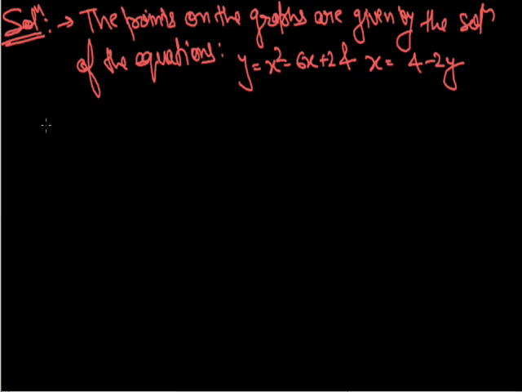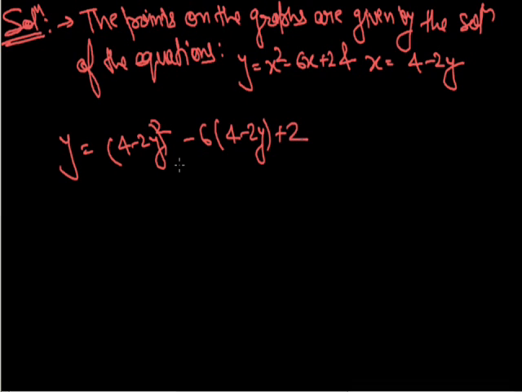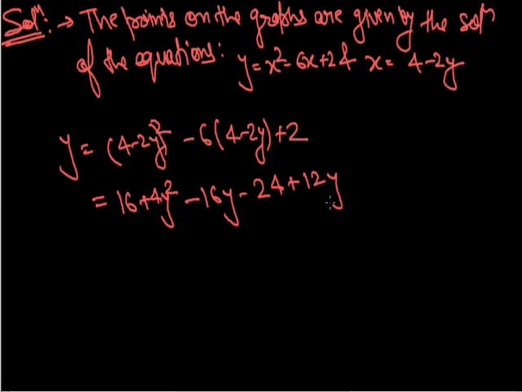We have y is equal to (4 minus 2y) whole square minus 6 into (4 minus 2y) plus 2, or 16 plus 4y square minus 16y minus 24 plus 12y plus 2, that is 4y square minus 4y minus 6.